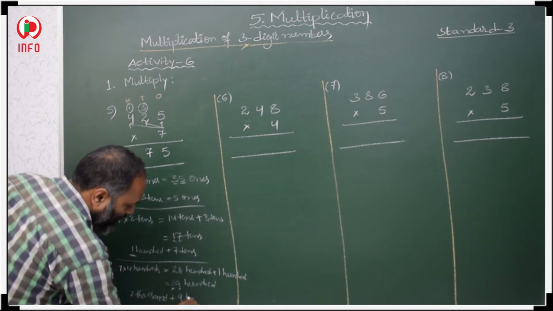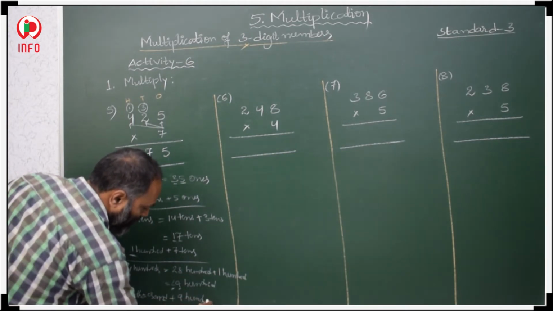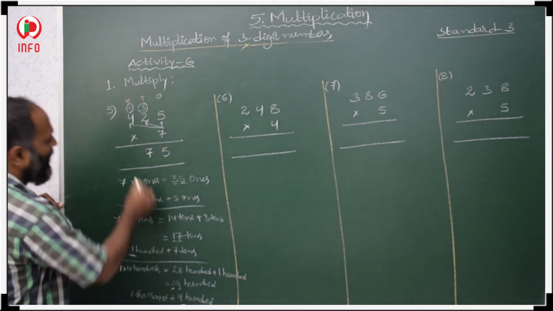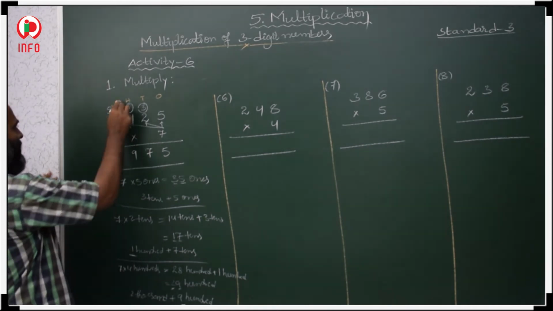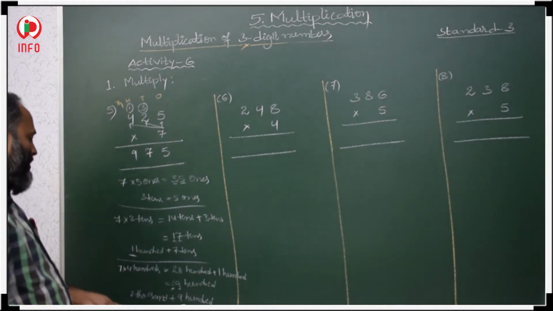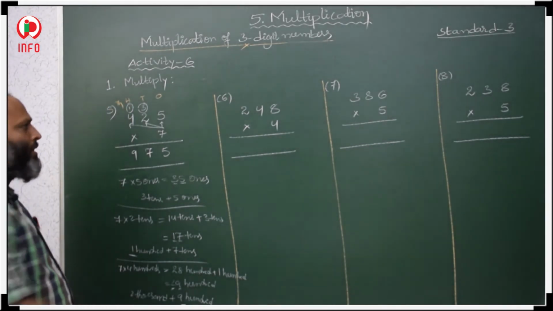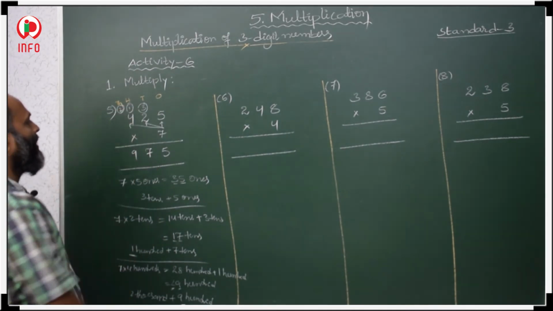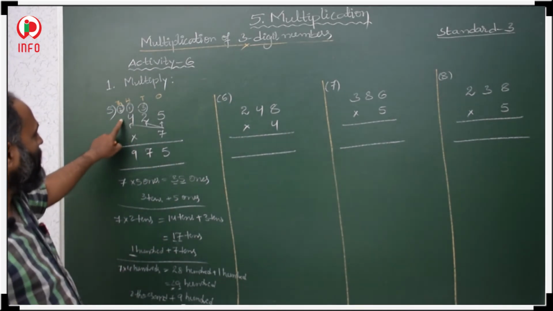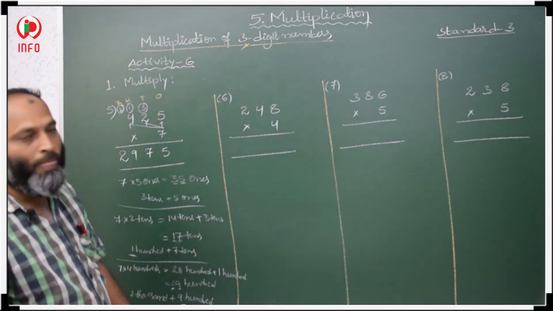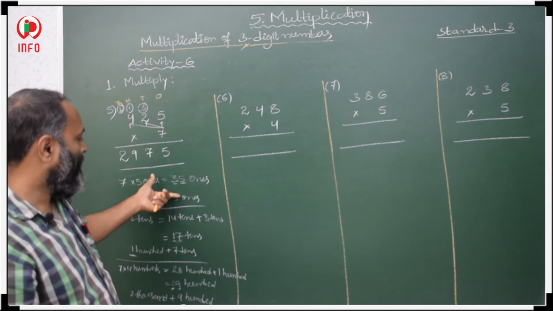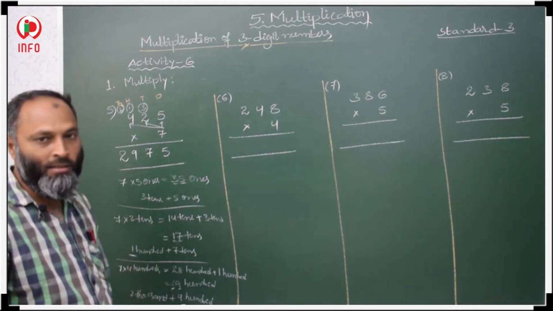Now you take 9 in hundreds column, and here you take thousands also. How many thousands do we have? 2. 2000 you take in thousands place. Here there is no thousands place, just we take 2 as it is. This is our product. Ones, tens, hundreds.